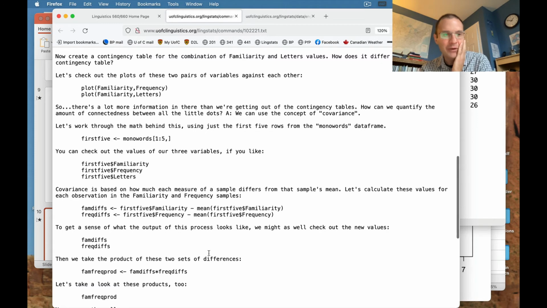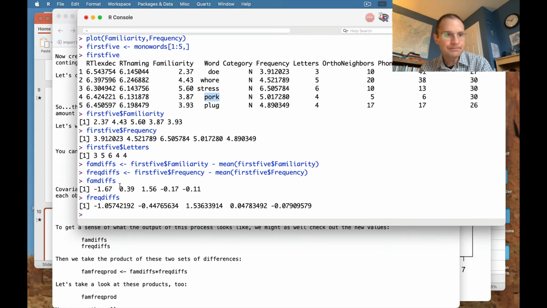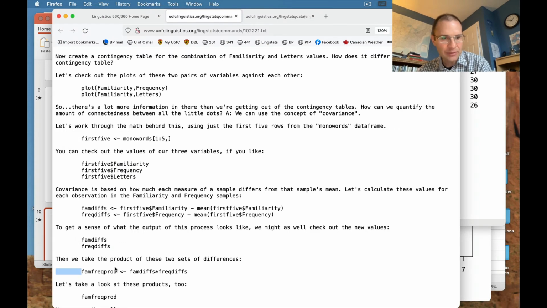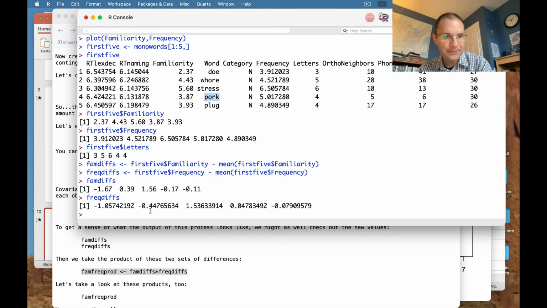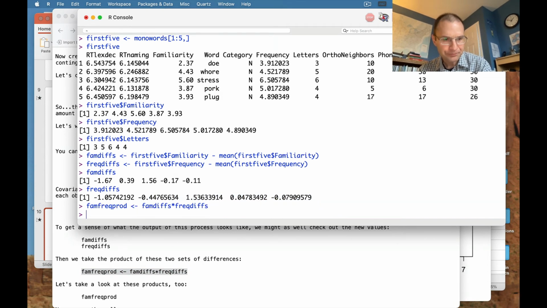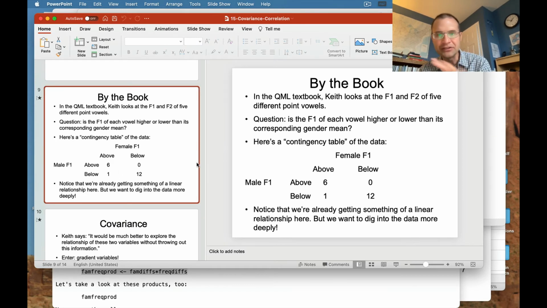Anyways, we've already taken a look at these specific difference values. What I want to do next is take the product of those two sets of differences. I'll do that first, and then I'll show you where it comes from. If you remember, here is our contingency table for the formant frequencies from the lecture.